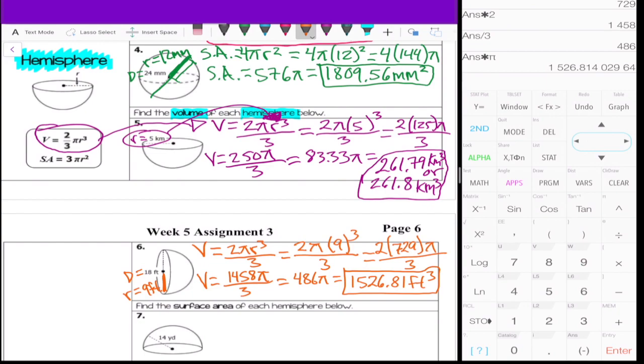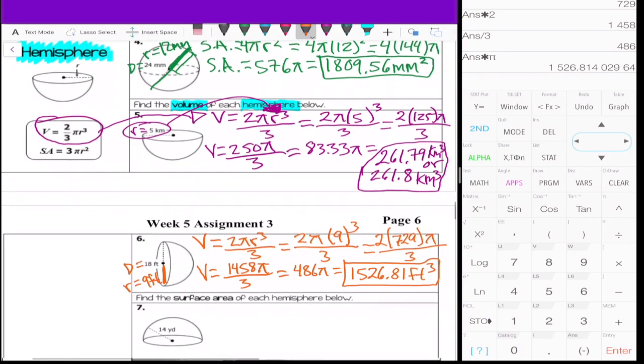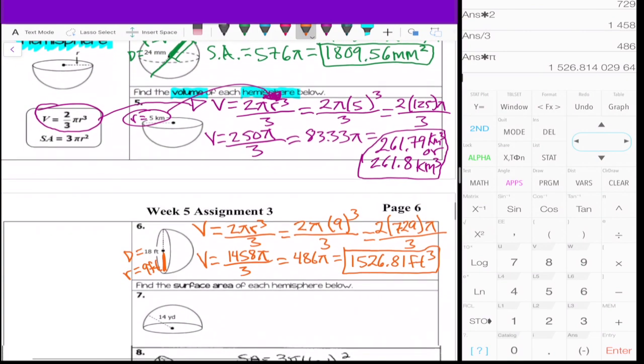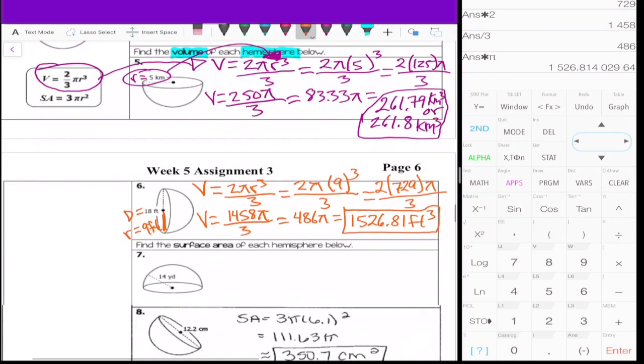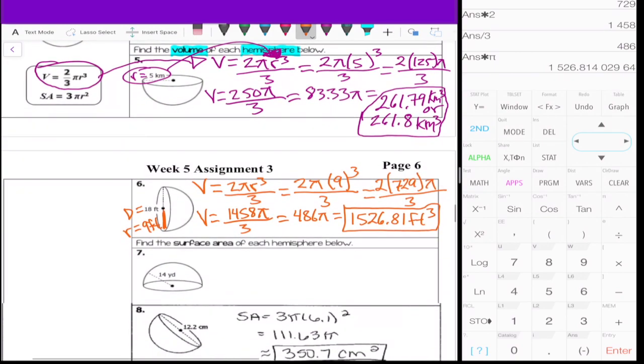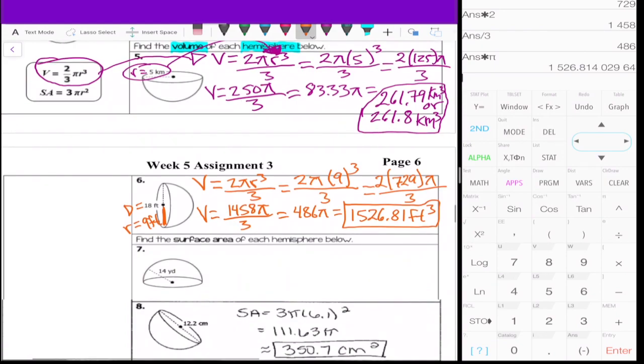Now let's see. Moving down. Now, are there any more? That's an example of surface area. So we gave you the example, right? So you could work backwards from 8. 8 is the diameter, 7 is the radius. So we're still going to use a formula to find number 7.